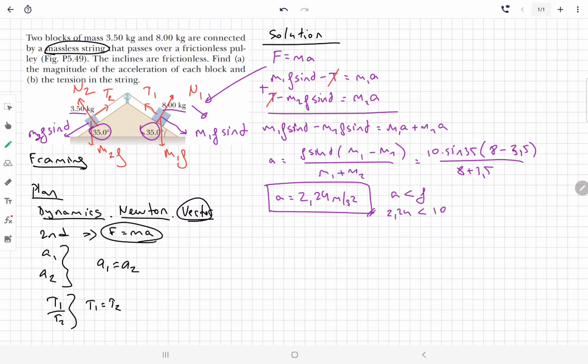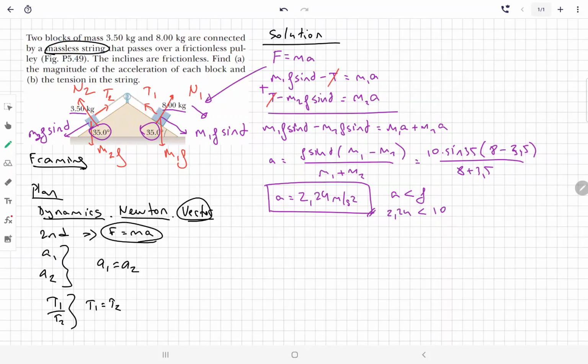We have less than gravity, 2.25, and the sign is positive, so the direction that we discussed before is correct, and the value is likely correct because it's less than 10. It cannot be greater than 10 because there are no external forces or motor inside this object.